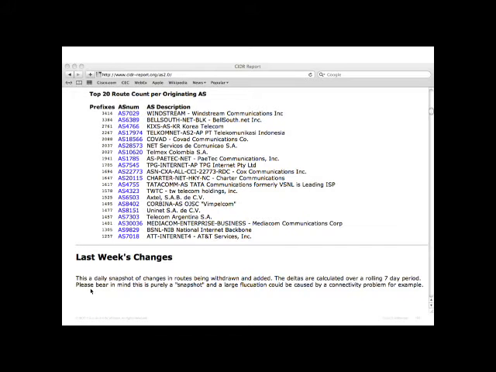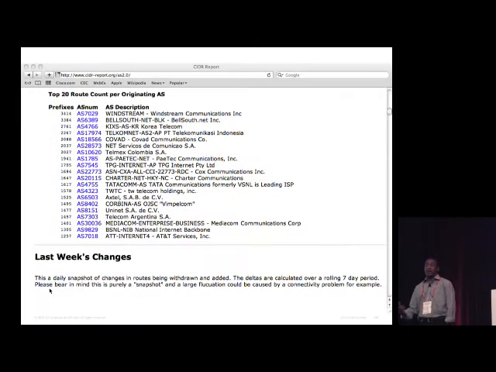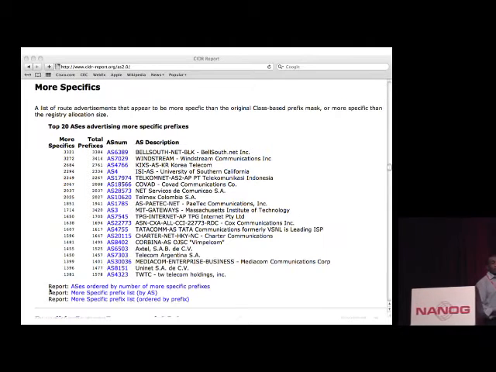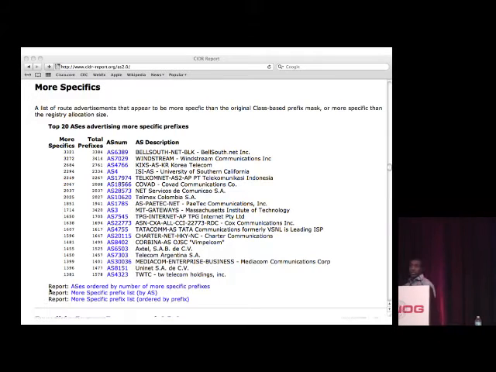Here is another one that shows the top 20 route counts per originating AS, how many routes they are originating. They may have multiple blocks, so it doesn't mean they are the worst deaggregators. It's just how many routes they are injecting into the internet. Top 20. This is weekly, and it also captures the change between weeks.